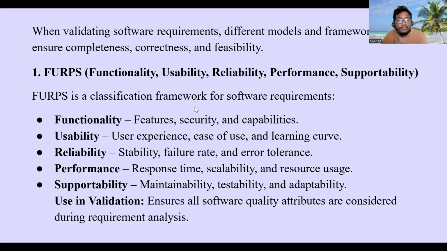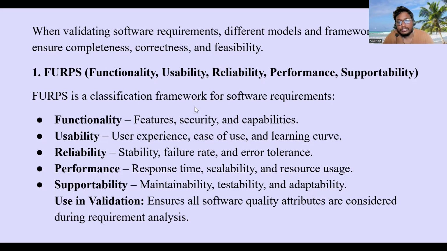For example, are functionality, features, security, and capabilities there in our software requirements or not? So we will be validating both functional and non-functional requirements of the software by FURPS.